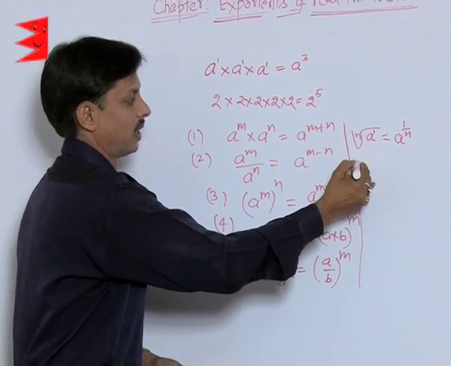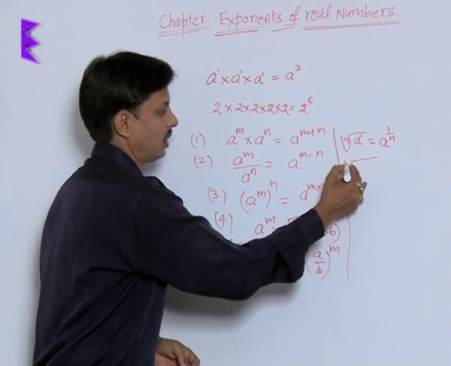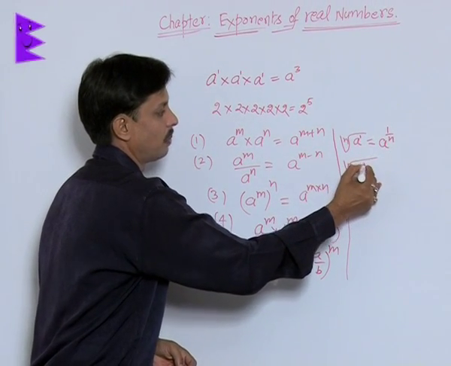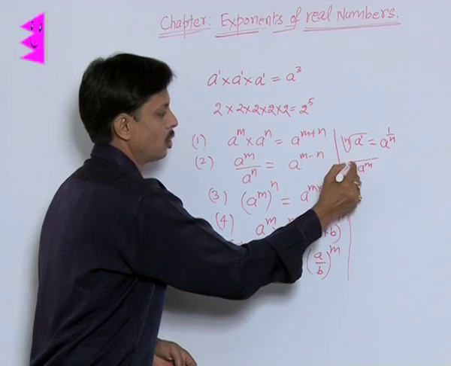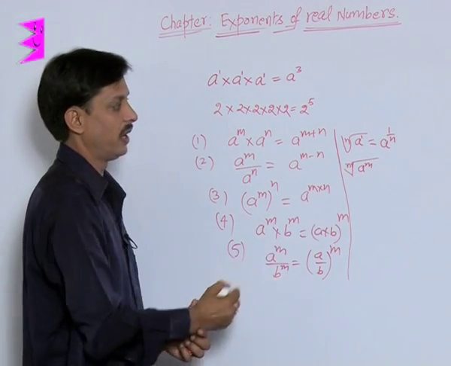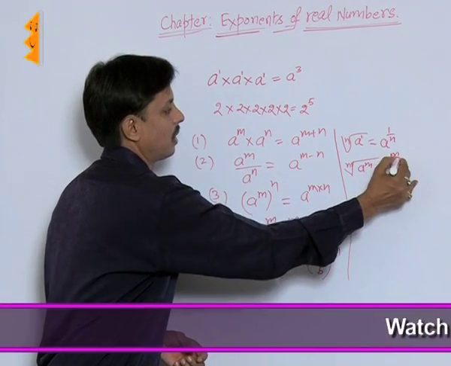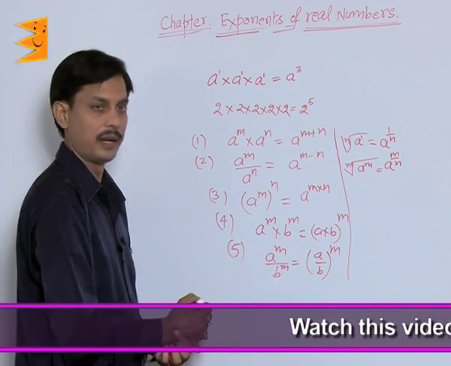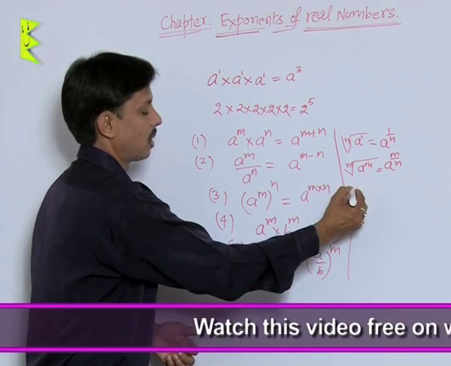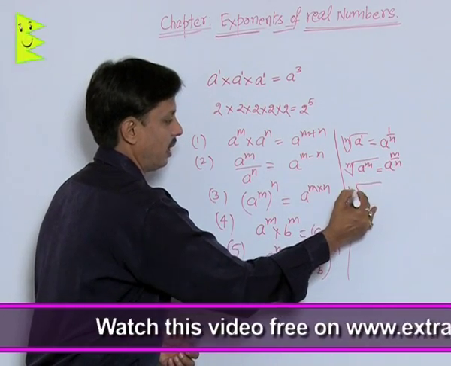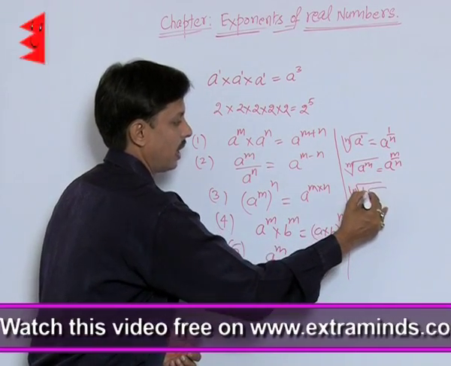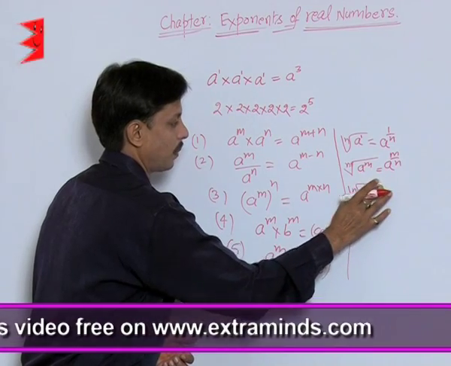Suppose it is written as nth root of a raised to the power m. In that case the answer will be a raised to the power m upon n.